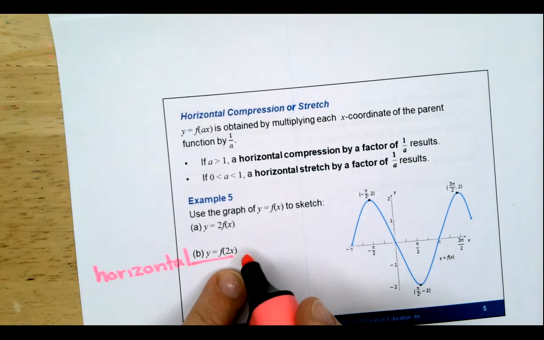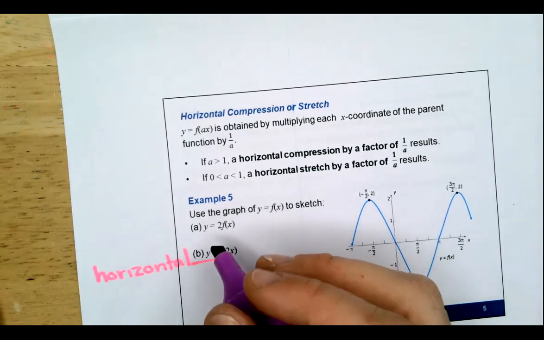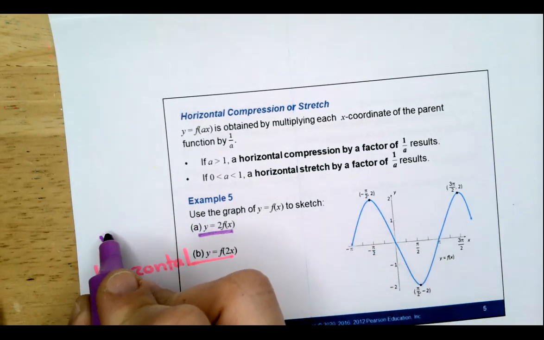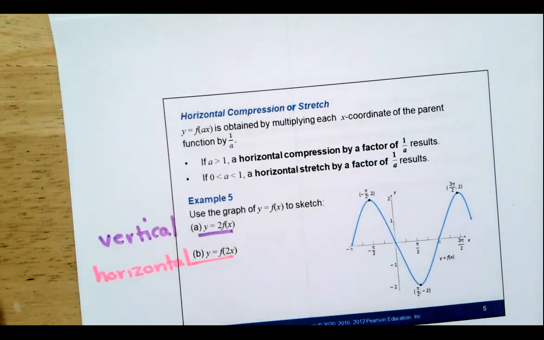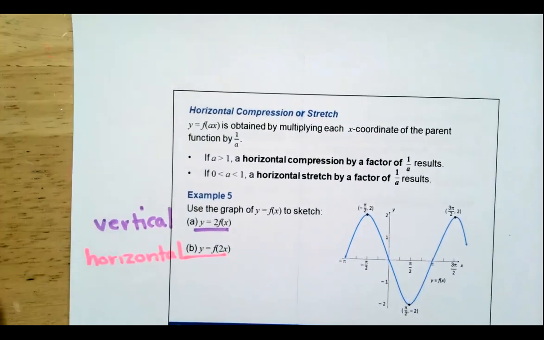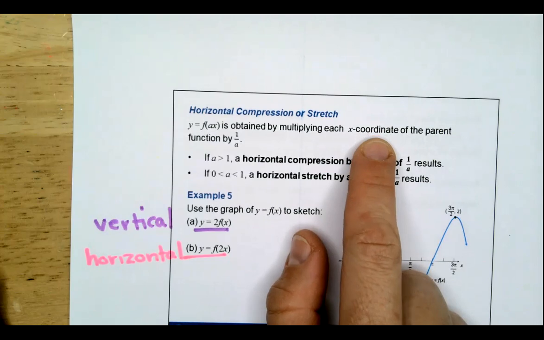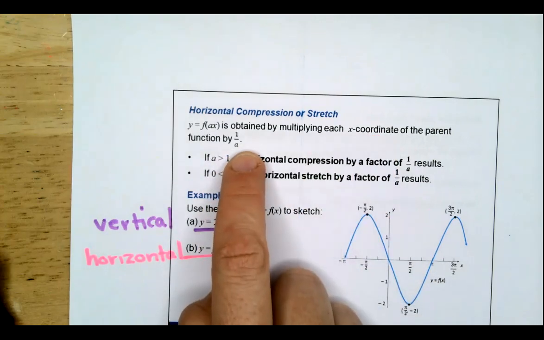Because the 2 is right next to the x, but this one is vertical. The 2 is next to, so to speak, the whole y. f of x is y, right? So it's next to the y instead of just next to the x. So we say that the horizontal compression or stretch is obtained by multiplying each x coordinate by 1/a.